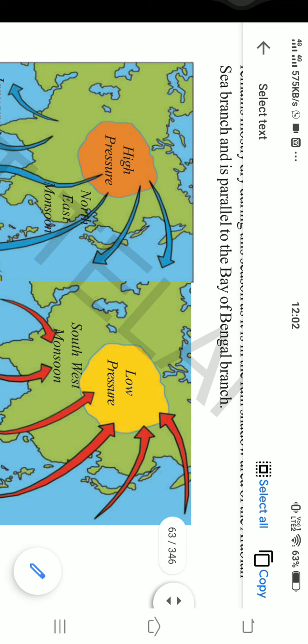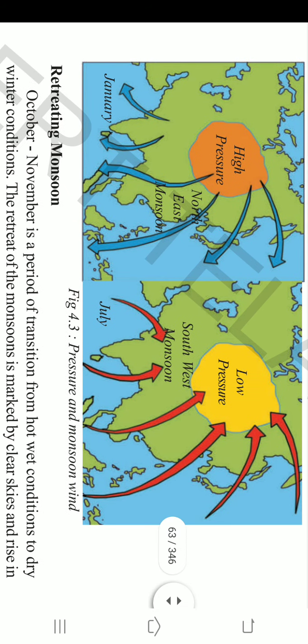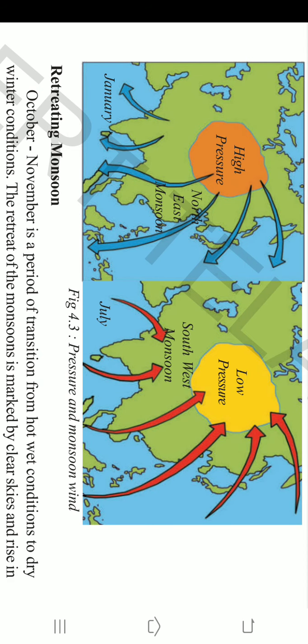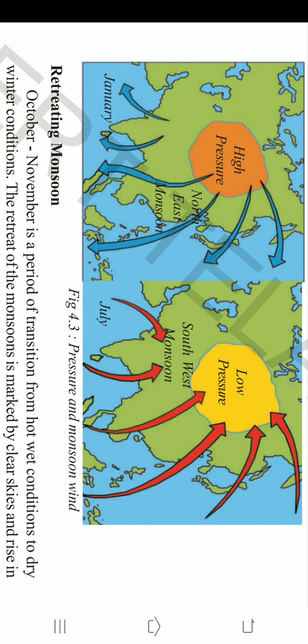Dear students, look here. What I want to say is, advancing monsoons means the monsoons start moving from the Indian Ocean to the Indian subcontinent. That is in the months of June, July, August, September, right? As the wind blows from the Indian Ocean to the Indian subcontinent in the southwest direction, those are called southwest monsoons, right?